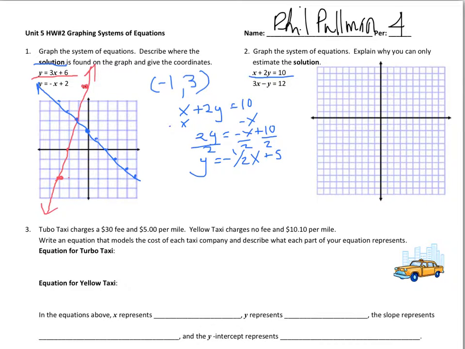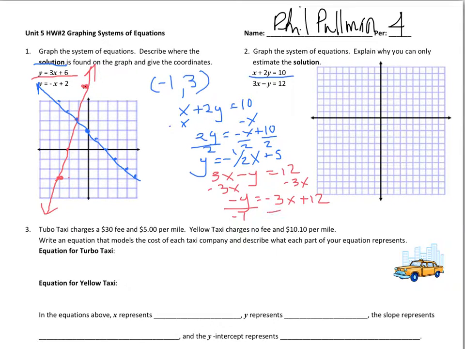That's 1. Here's my other one. 3x minus y equals 12. I subtract 3x from each side. I get negative y equals negative 3x plus 12.